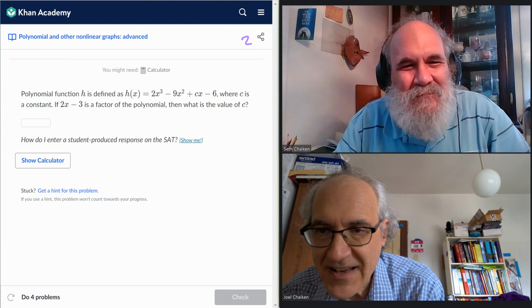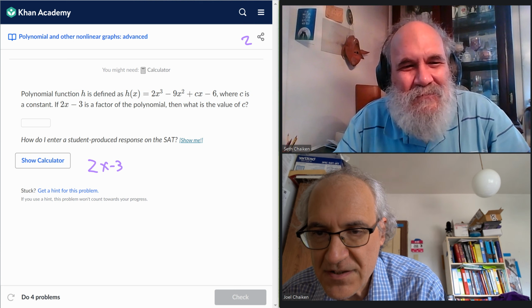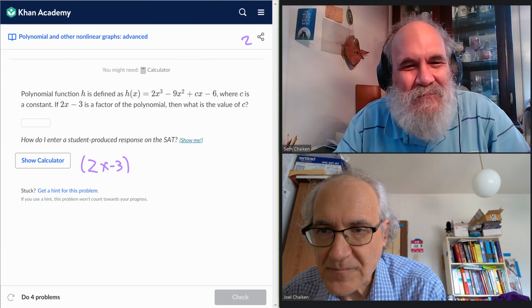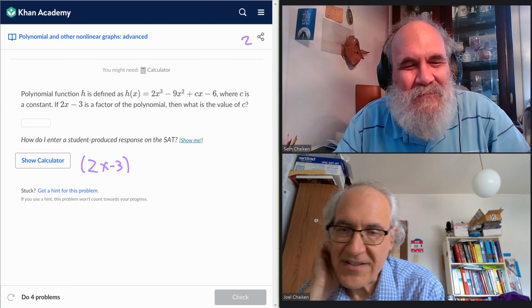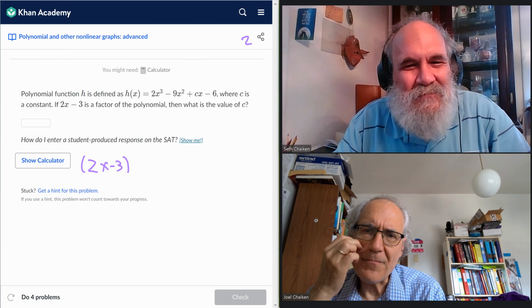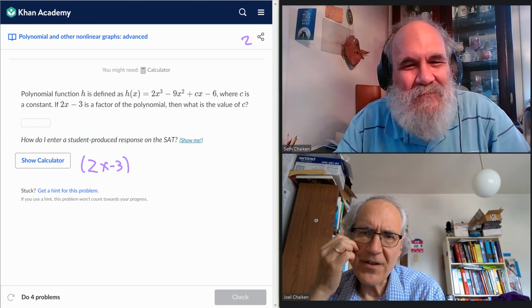They're basically saying that 2x minus 3 is a factor of the polynomial. Oh, I see. Aren't you using the remainder theorem here or something? Yeah.